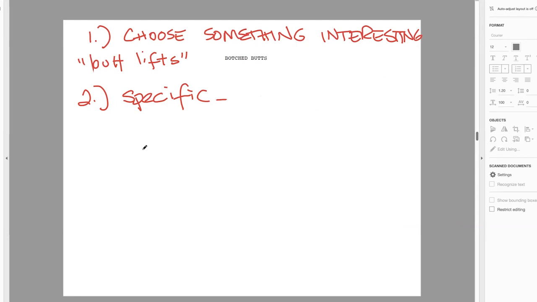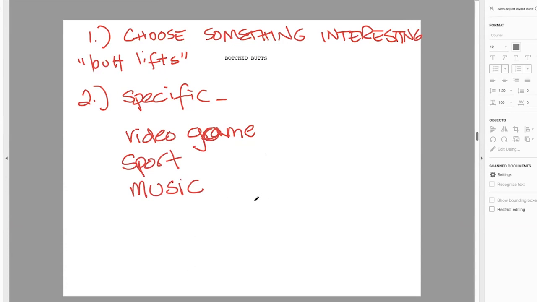As examples, Botched Butt was one thing. I've had people do things about video games, changes that they'd like to see because of problems in the video gaming world. I've had people do things about sports. There are plenty of sport-related things that people want changed. Music producers, a lot of people about music and social media and how the Spotify algorithm tends to support already bigger artists, and a lot of streaming services don't pay enough.